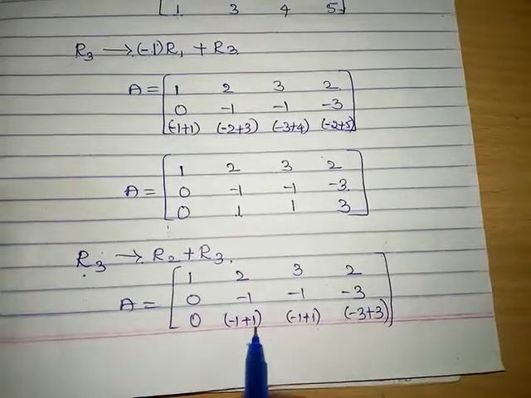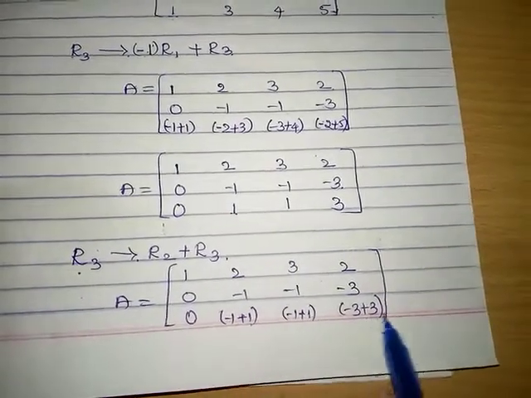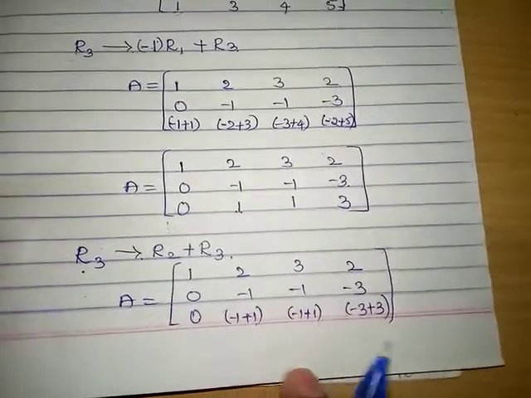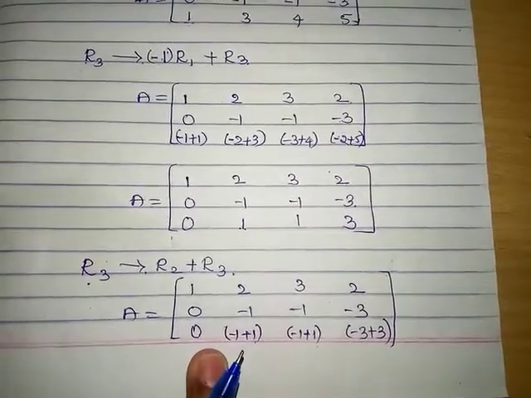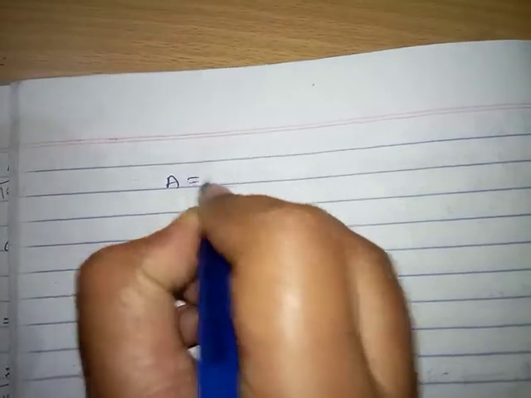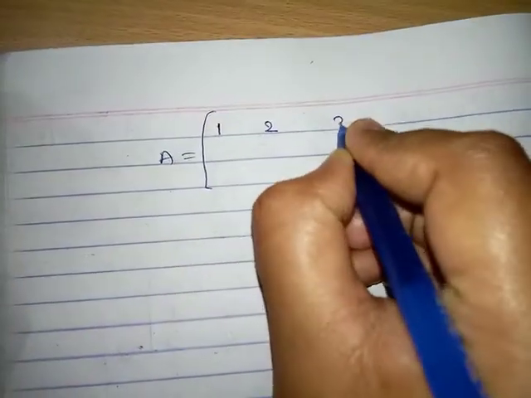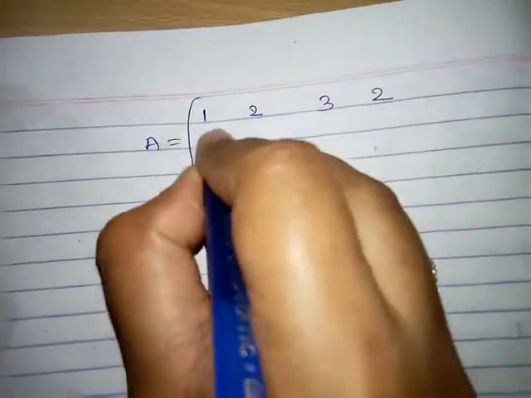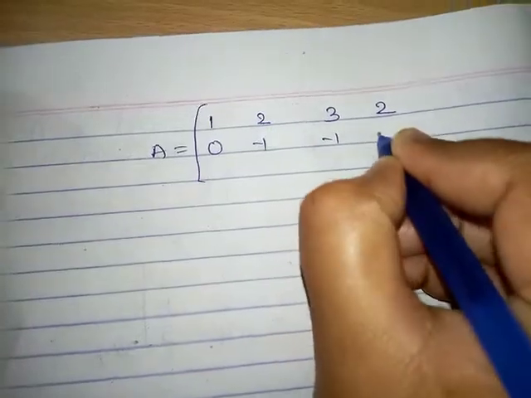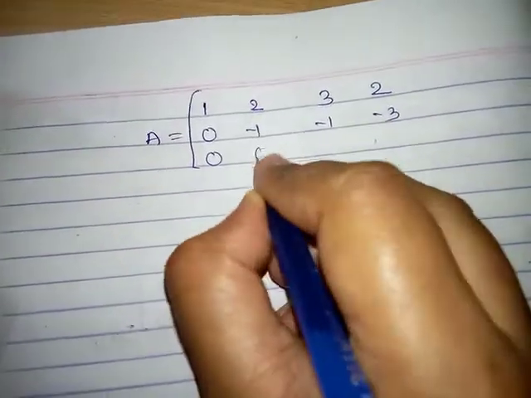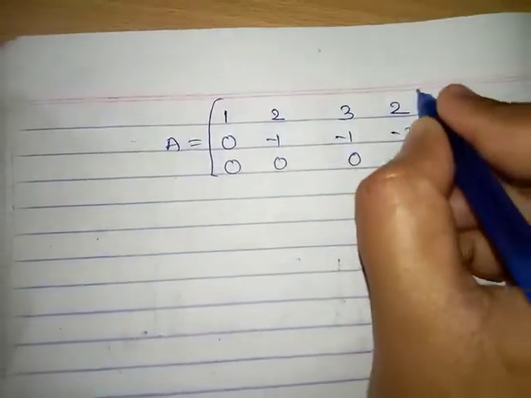See, minus 1 plus 1 is 0, minus 1 plus 1 is 0, minus 3 plus 3 is 0. Then matrix A is equal to first and second row as they are, that is 1, 2, 3, 2, 0, minus 1, minus 1, minus 3, and all these terms are 0.